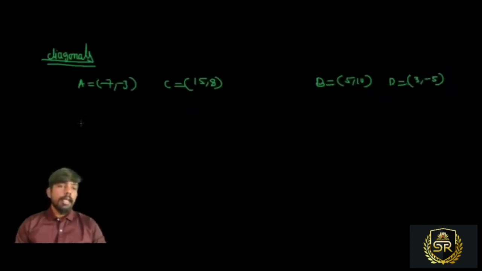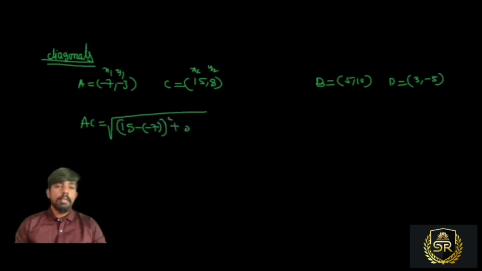Here find the AC diagonal. AC diagonal is root over (x2 minus x1), x1 y1, this is x2 y2. 15 minus of minus 7 whole square, plus y2 minus y1, 8 minus of minus 3 whole square. So 15 plus 7 whole square plus 8 plus 3 whole square.